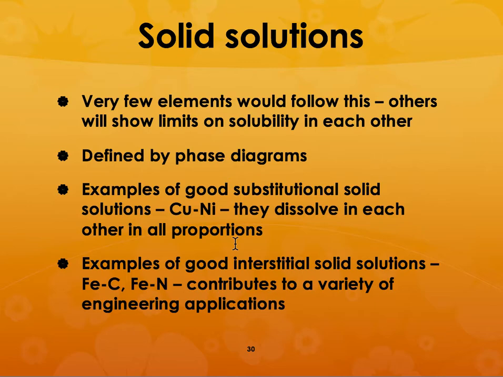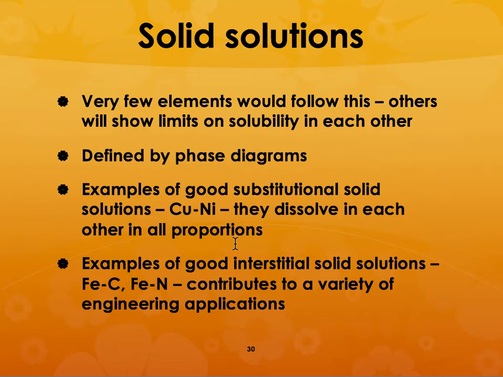But what you need to know is that there are very few elements that are completely soluble in each other. Something that is a good substitutional solid solution is copper nickel. They are soluble in each other in all proportions, but others all have limitations to the amount of solute atoms that can be added to the solvent atoms.